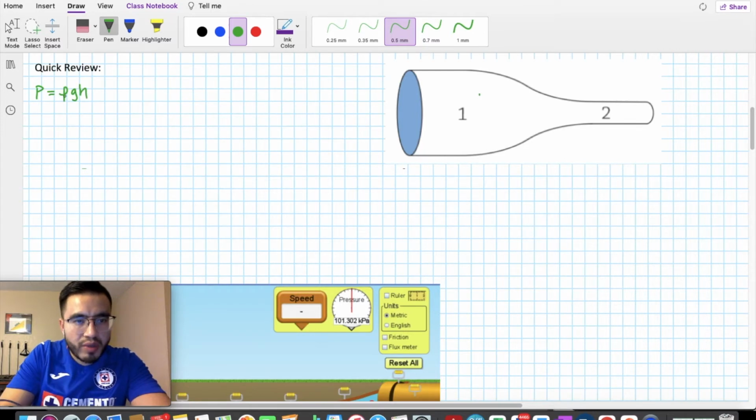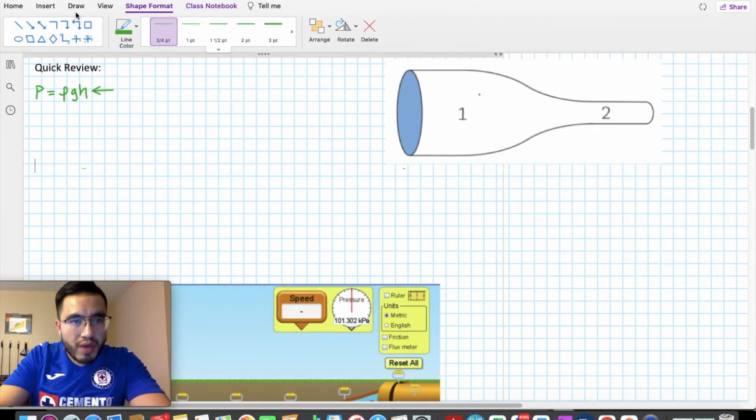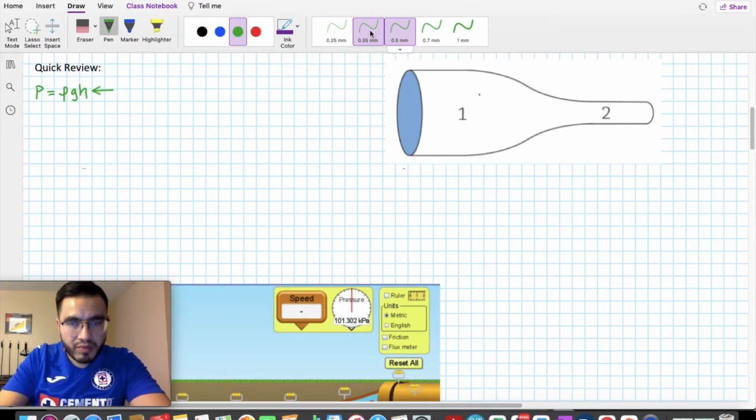This is rho, Greek letter rho, this is density, acceleration due to gravity, height. And we can use this to find the gauge pressure. This works when you have a sealed container, closed container, no pressure from the atmosphere being considered. So this is gauge pressure.